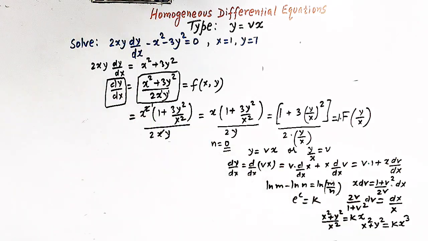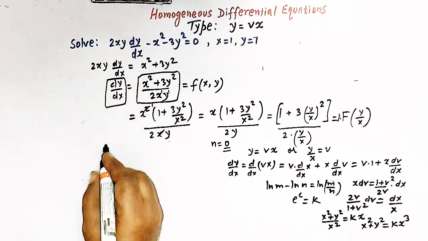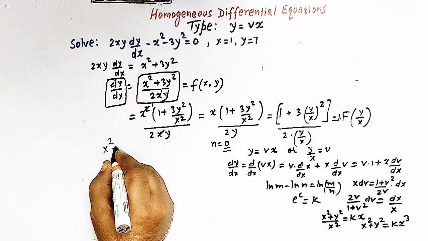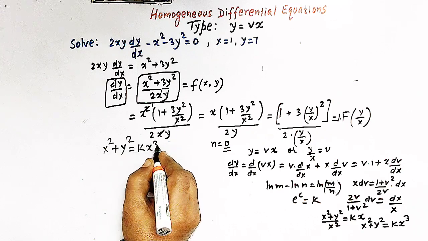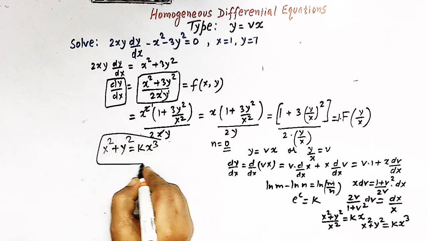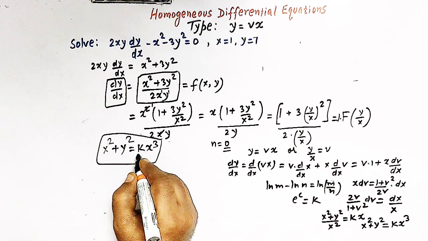So viewers, the general solution of this differential equation is given by x square plus y square is equal to kx cube. So this is our general solution containing this arbitrary constant k, right?